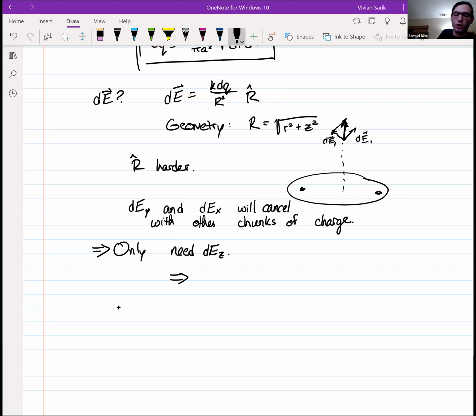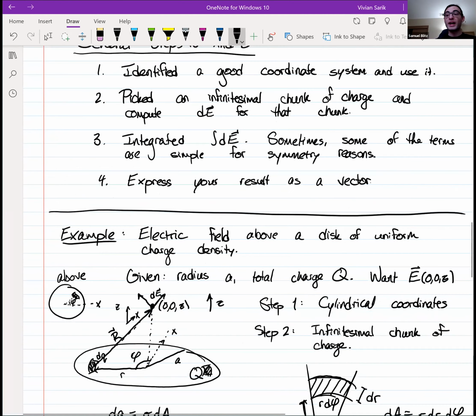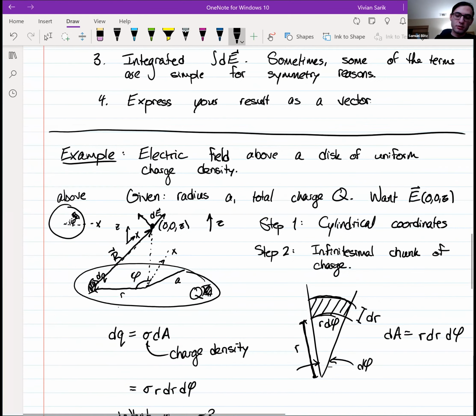So that means we only need the z component of r. Yes, r is harder. And so that's doable. The z component of the r unit vector would effectively be the cosine of this angle, right?